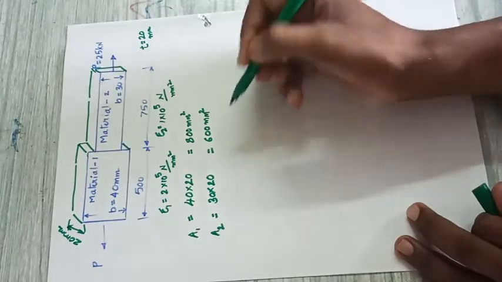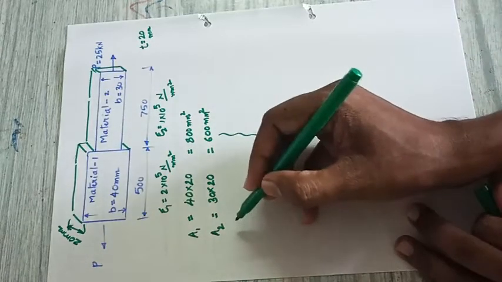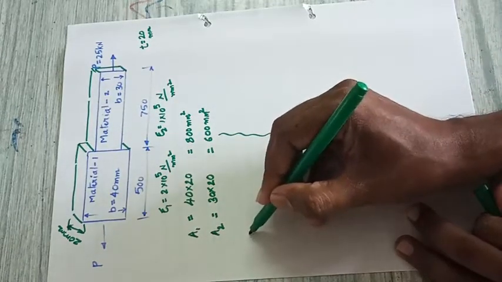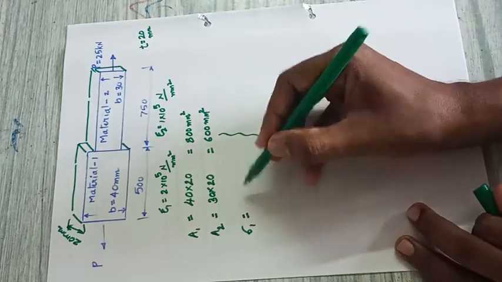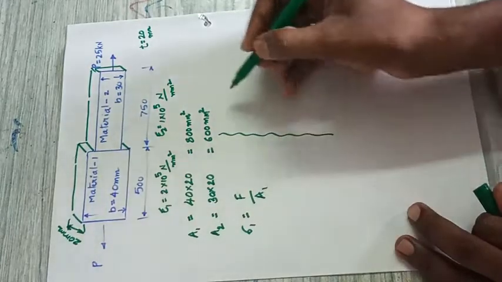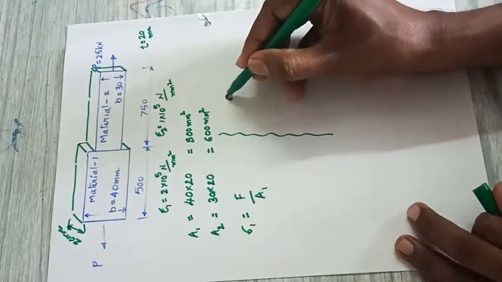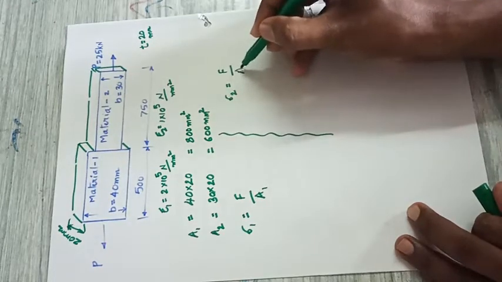So let us find out the stress for each material. Sigma 1 for the first material, the formula is force by the area A1. For the second material I will write sigma 2 is equal to force by the second area.